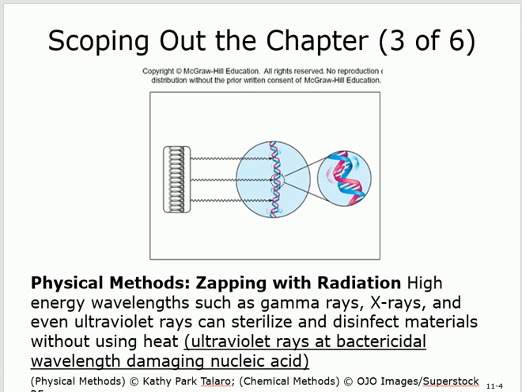Examples of radiations, gamma rays, X-rays, and even ultraviolet rays. We always say ultraviolet rays, this is something natural, it's in the sun. Yes, but they can have it in a higher concentration or a higher wavelength to kill the bacteria.